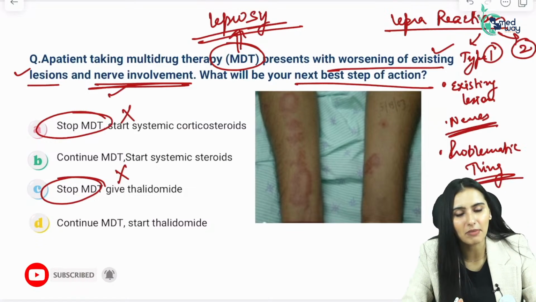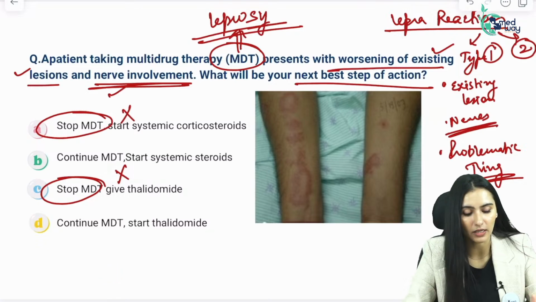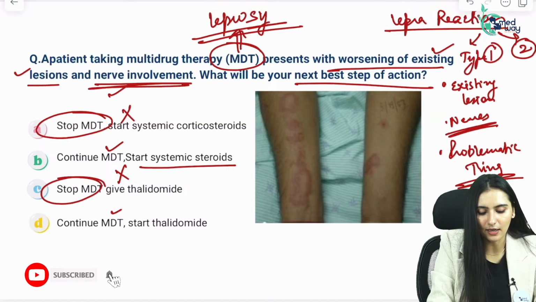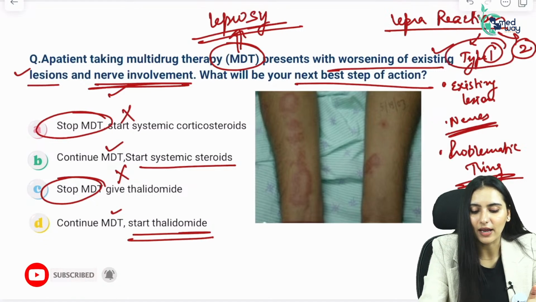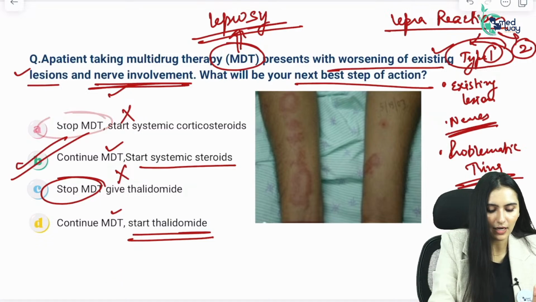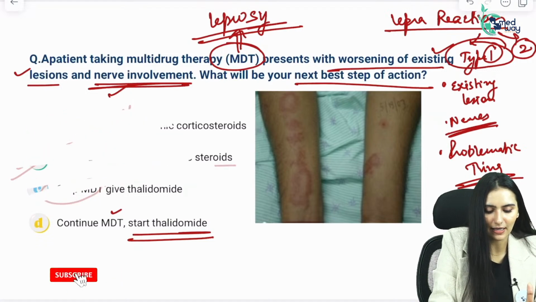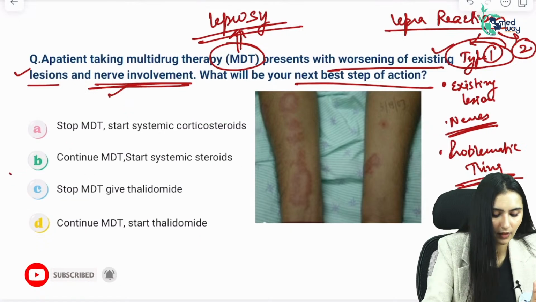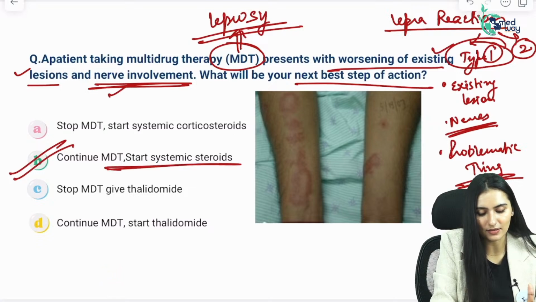Now the patient is getting better. Now they are developing their immunity. It is a good thing. You have to continue MDT. Start systemic steroids, start thalidomide. This is a type 1 reaction, and for type 1 reaction we give systemic steroids. Okay. So let me just erase all of this and tell you that the answer is continue MDT and start systemic steroids.